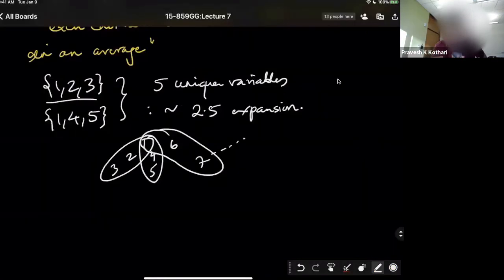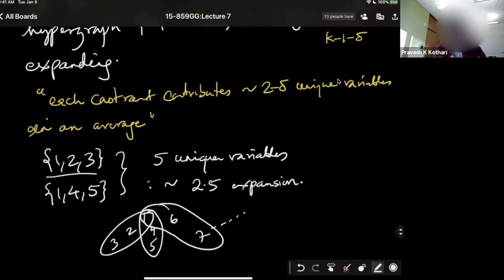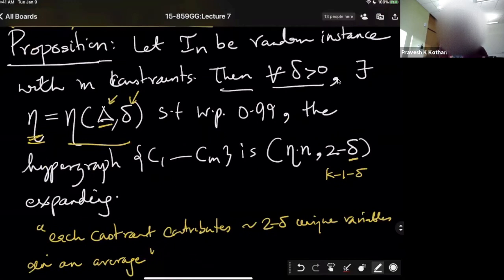So let's begin again. This proposition is saying that if I take a random instance, then with like 99% probability, it's going to be eta n comma 2 minus delta expanding. That just means that if I take any at most eta n hyperedges, then they will collect at least 2 minus delta unique variables on an average per constraint.